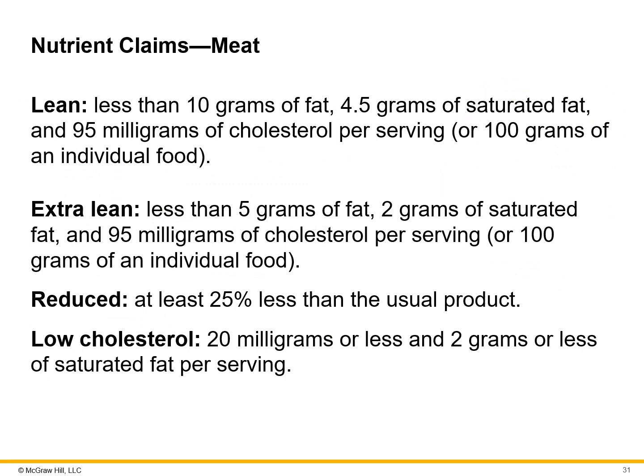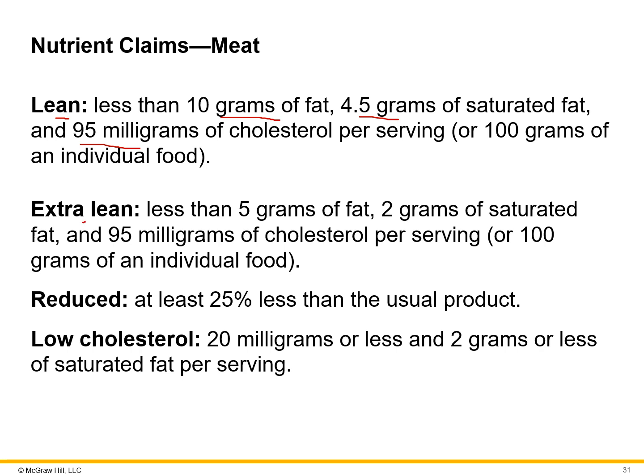Then with our meats, a lean meat means that it has less than 10 grams of fat, 4.5 grams of saturated fat, and 95 milligrams of cholesterol per serving. So it has to have less than all three of those in order to be considered lean meat.